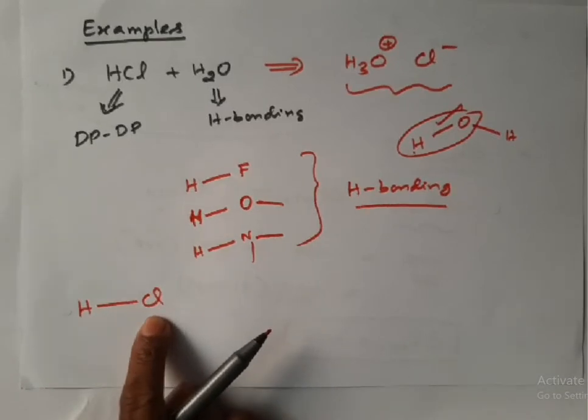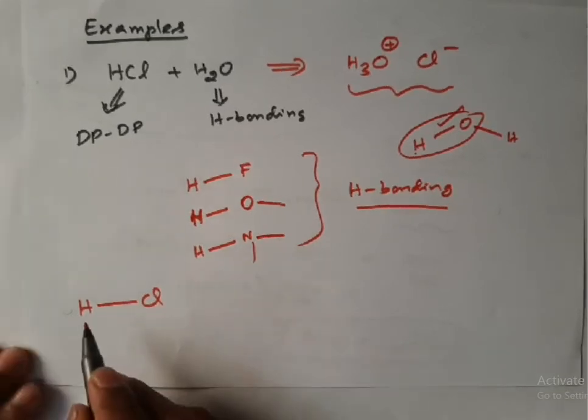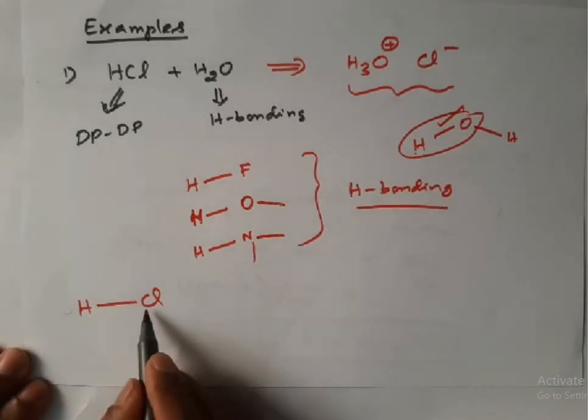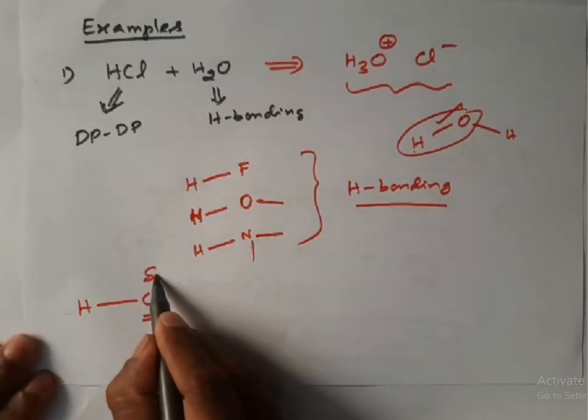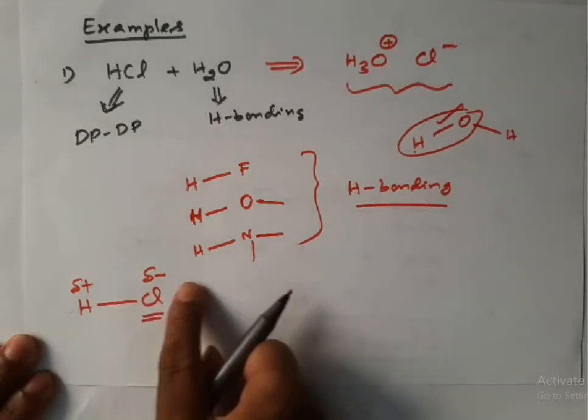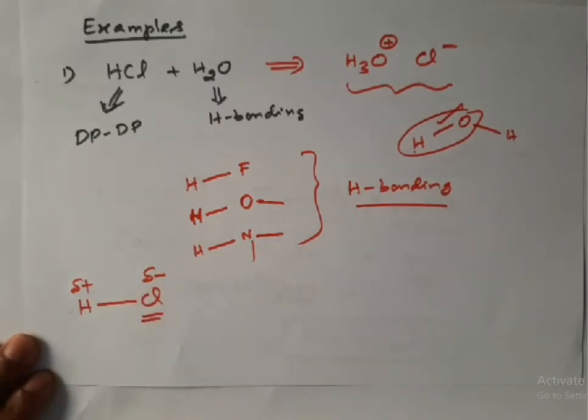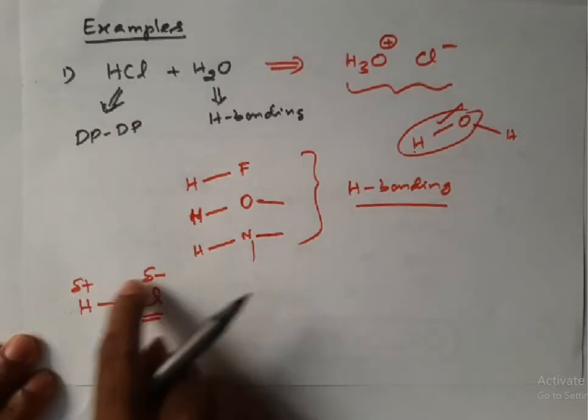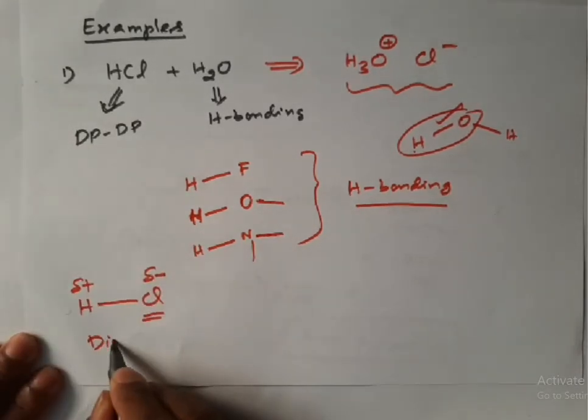Right? Now, students, observe carefully. Since the two atoms are different, the one which is more electronegative, here chlorine, gets a partial negative charge, and the hydrogen gets a partial positive charge. I will get a dipole. I have told you pole means charge. I have two poles now, so it is called a dipole.